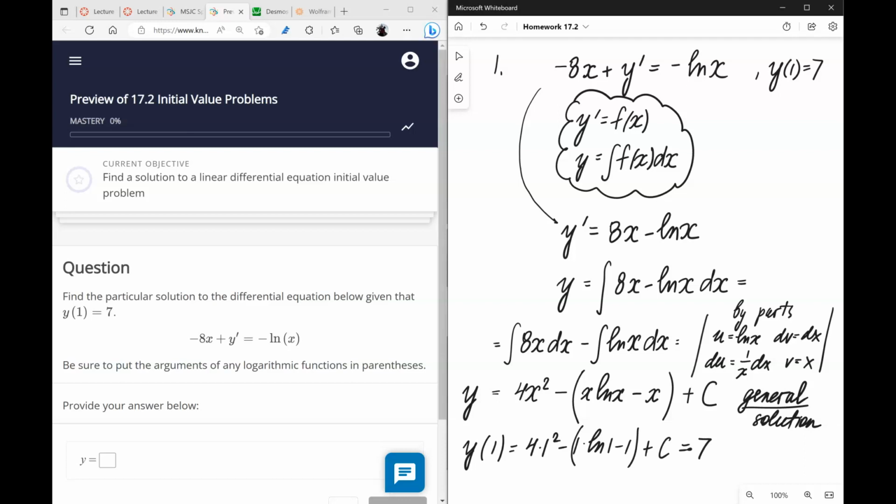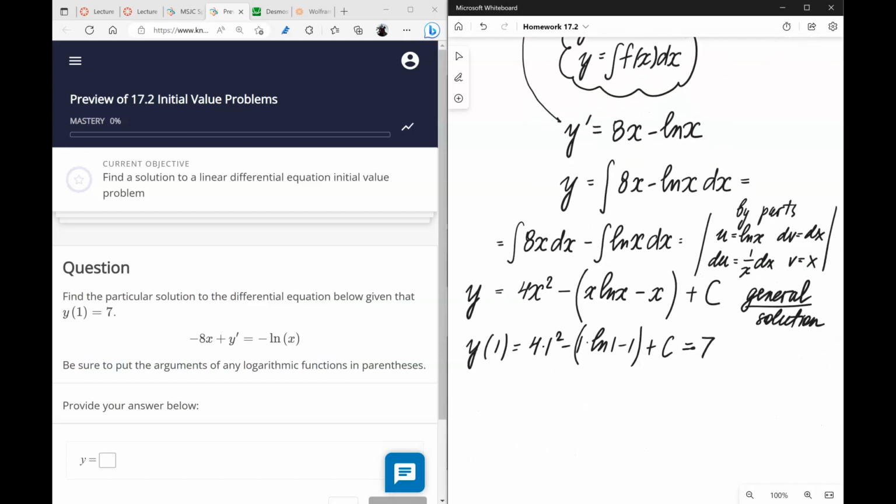That's the condition that we are given, and there's only one value of c that makes this true. So let's go ahead and compute it. We have 4 plus 1, so we have 5 plus c equals 7. So c equals 2.